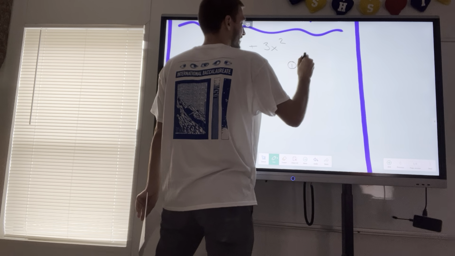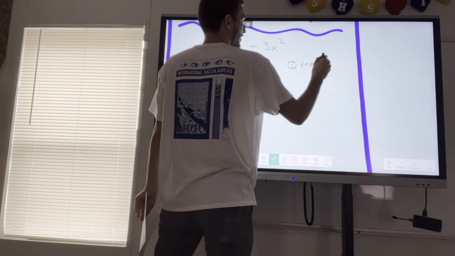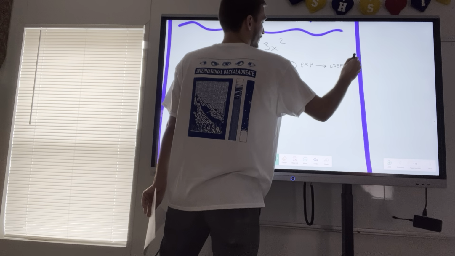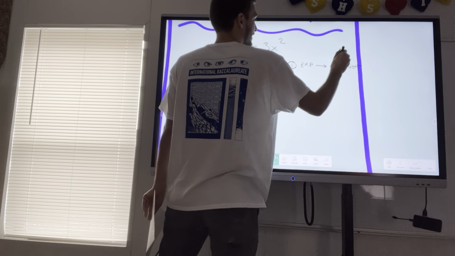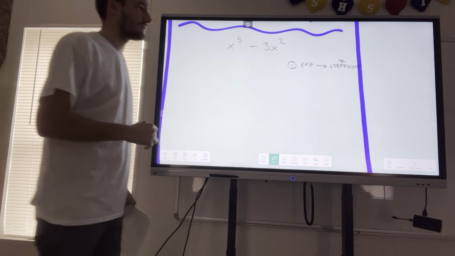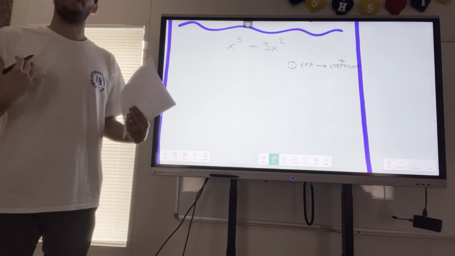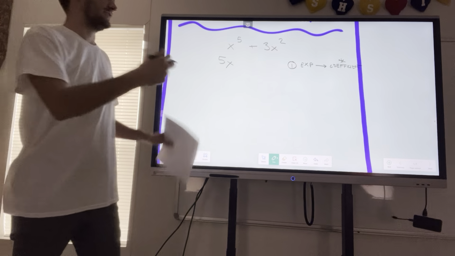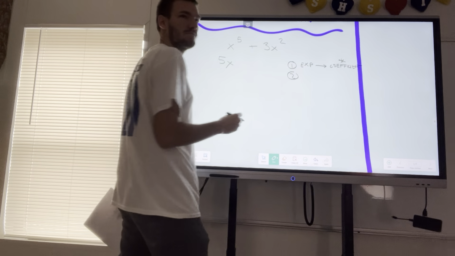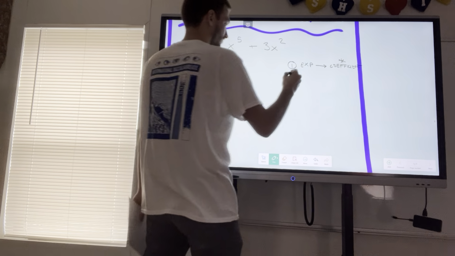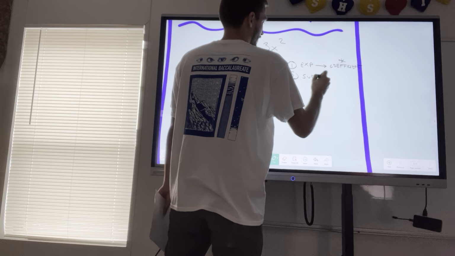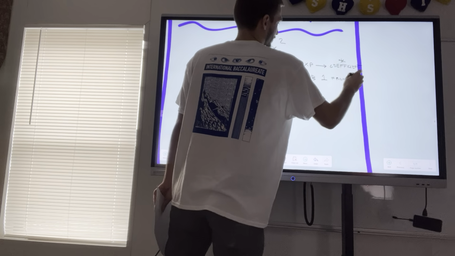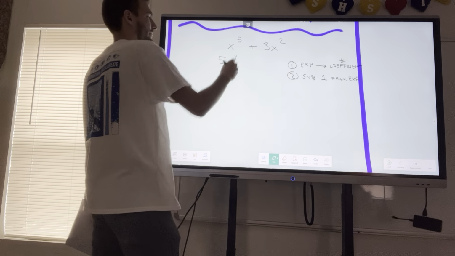The first one is the exponent moves to the coefficient. And I like that he said multiplies. The exponent gets multiplied by the coefficient, right? It would be 5x. And then what's the second rule? Exactly. Subtract 1 from the exponent. It goes from 5 down to 4.